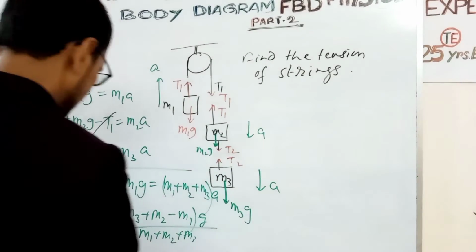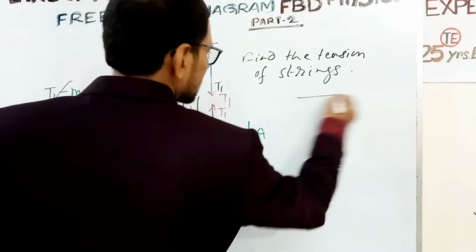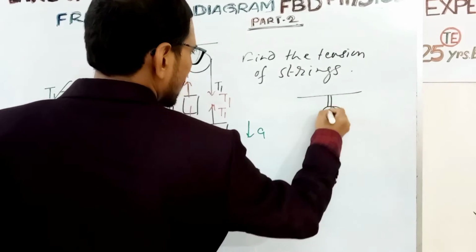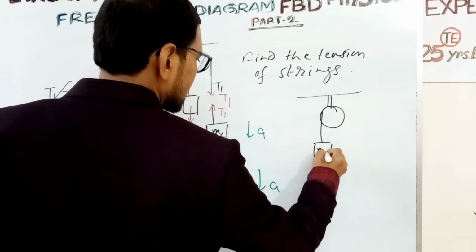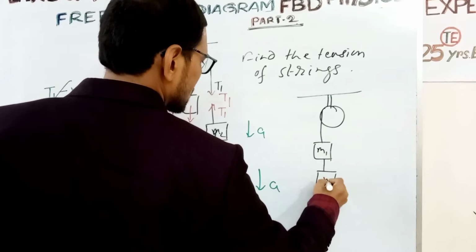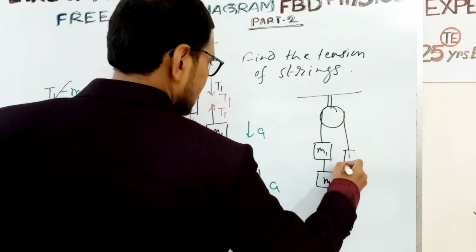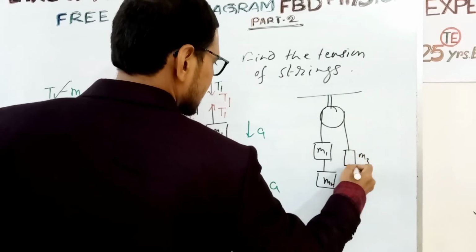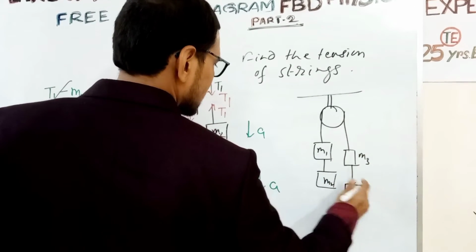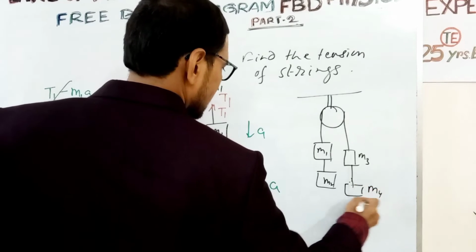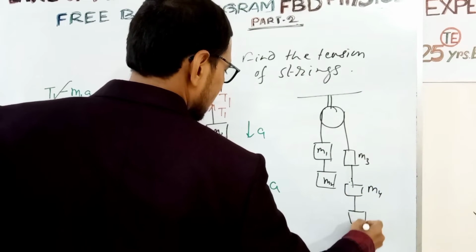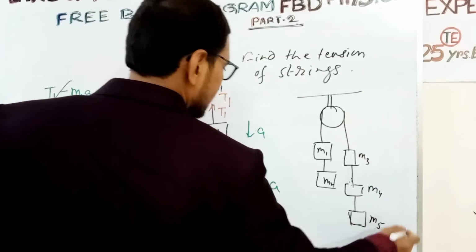Now to remember this, suppose this is a block and here two blocks M1, M2 and M3, M4, M5 are present.